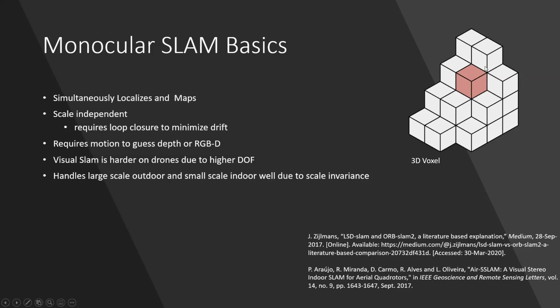And so when we talk about SLAM, particularly monocular SLAM, it has a couple problems that make this algorithm kind of difficult. If you use a stereo camera or an RGBD camera, so you have that depth estimation, it makes some of these SLAM calculations a lot easier. And SLAM, since I didn't mention, is simultaneously localizing and mapping.